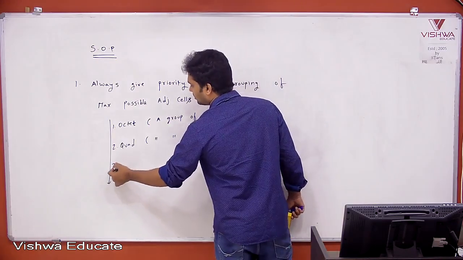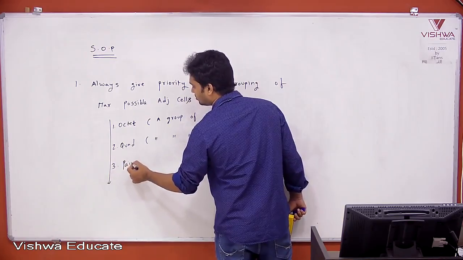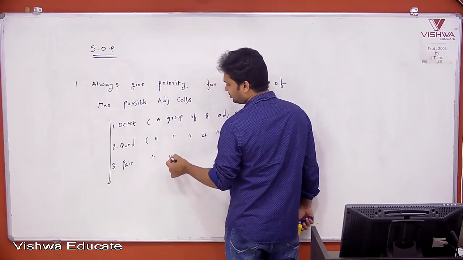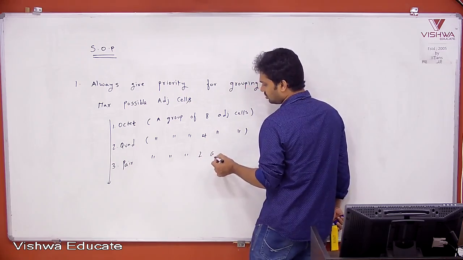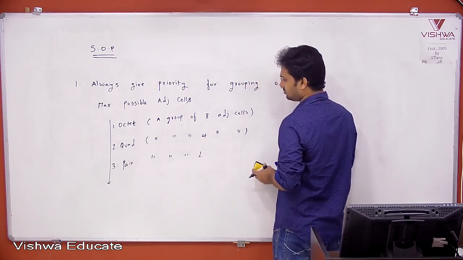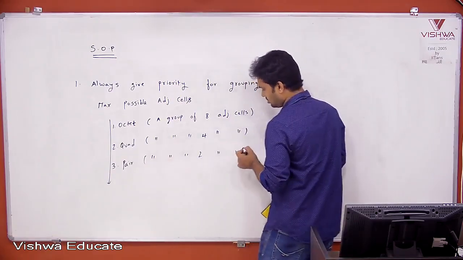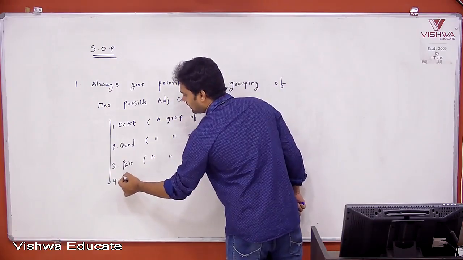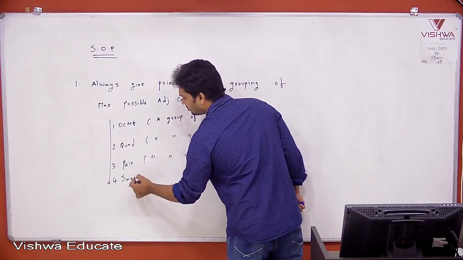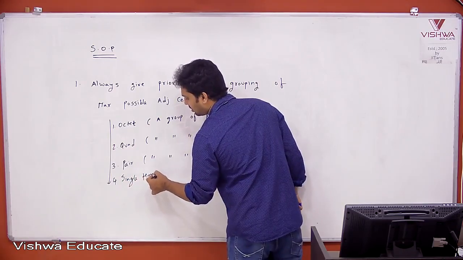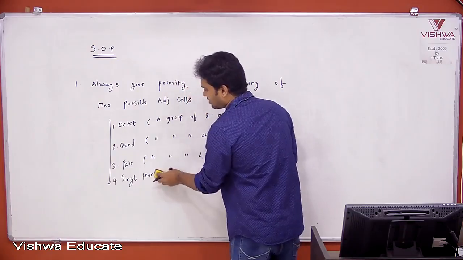Next priority, pair. It is a group of 2 adjacent cells. Lastly, single term. It is nothing but your minterm or maxterm.